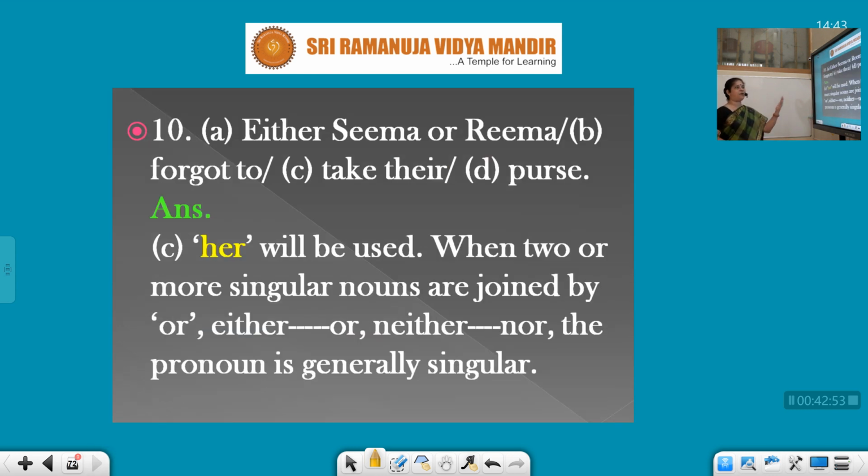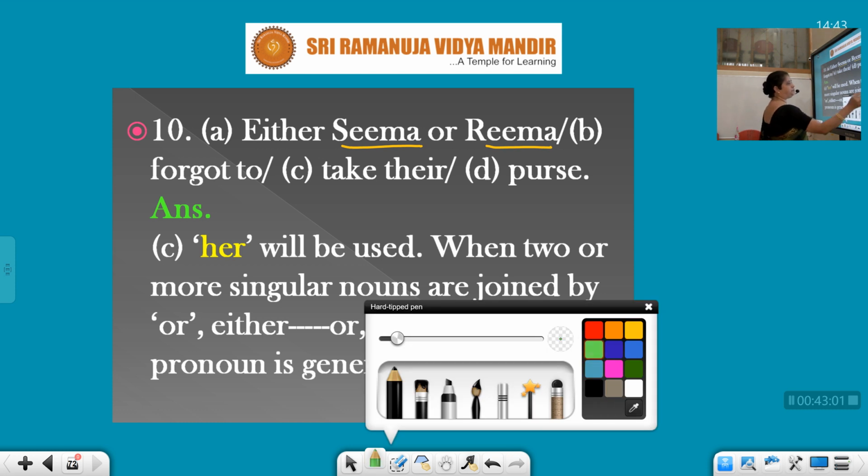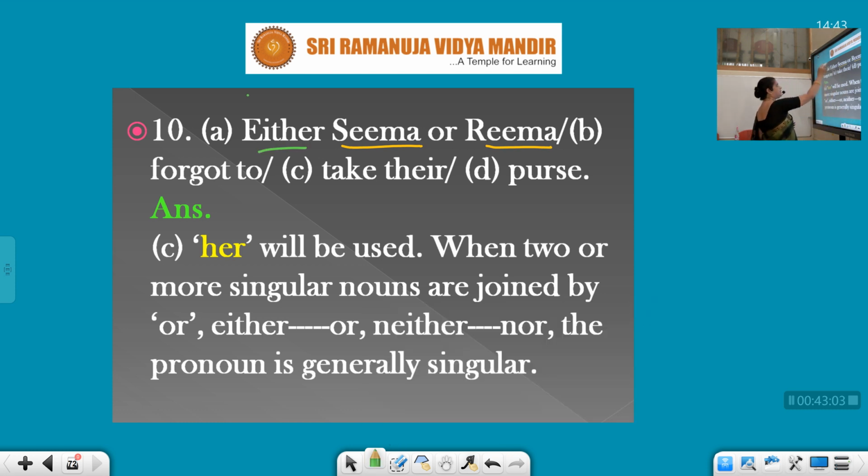Either Seema or Rima. Very clearly you have understood, students. Either Seema or Rima. I was telling you, either means singular. Either or means singular. But beside them, if it is a singular noun or a plural noun, that also you have to see.